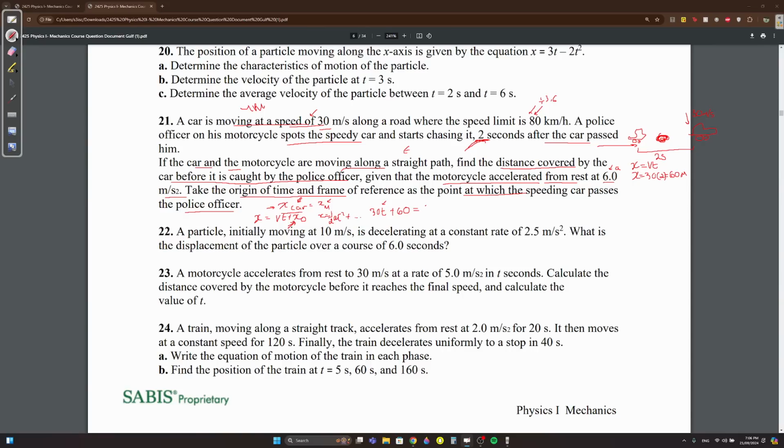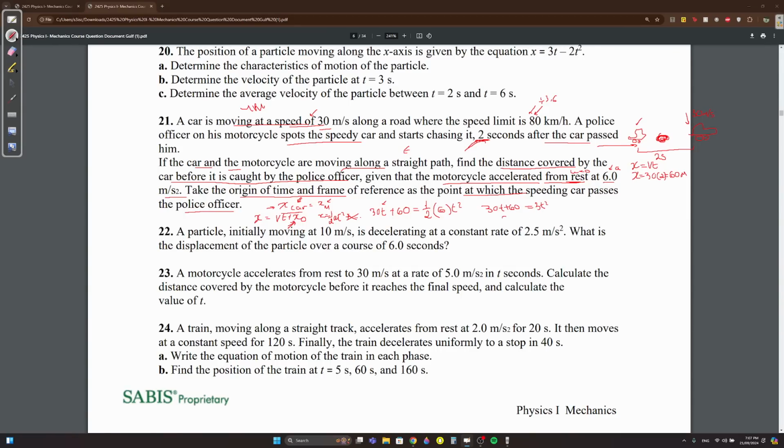You can say plus ut plus x naught, but they're both 0 because we started from rest. They gave us u equals 0, and x naught is 0 because he is at the origin. We took the origin as where the motorcycle is parked. So half the acceleration, which is 6, times t squared. So you're going to get 30t plus 60 equals 3t squared.